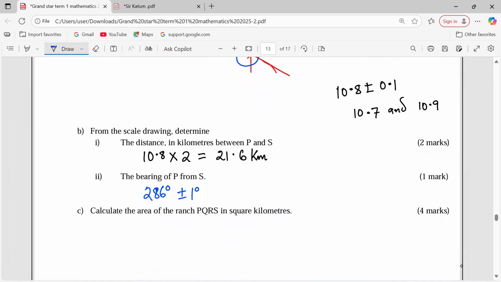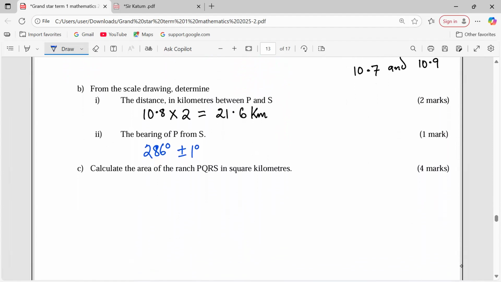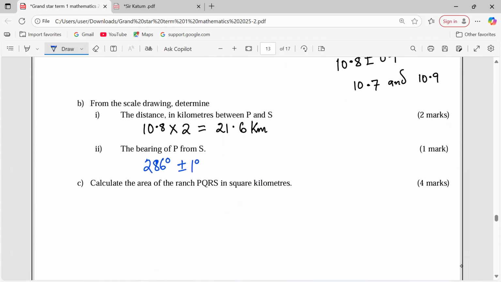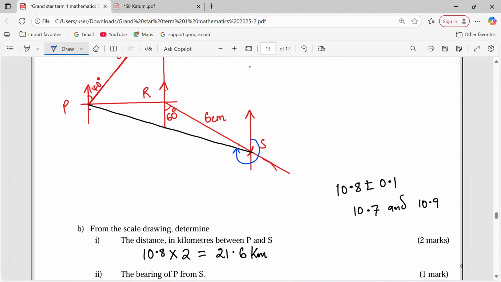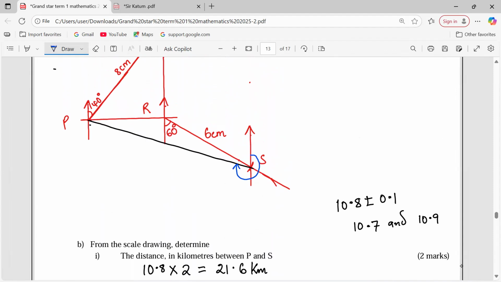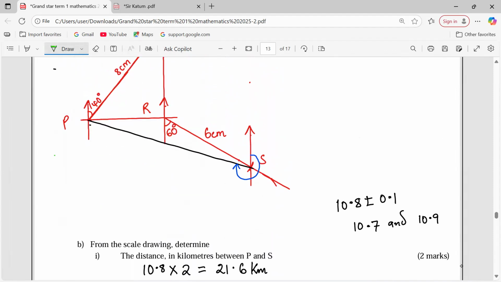Then again, there is something that we're supposed to know, that we can measure the smaller angle because the type of bearing has not been specified. We can measure the smaller angle on this side from the north all the way to this point.